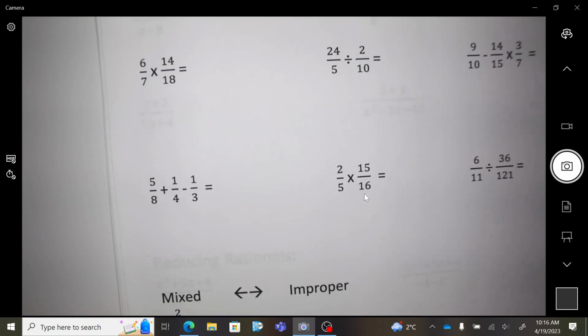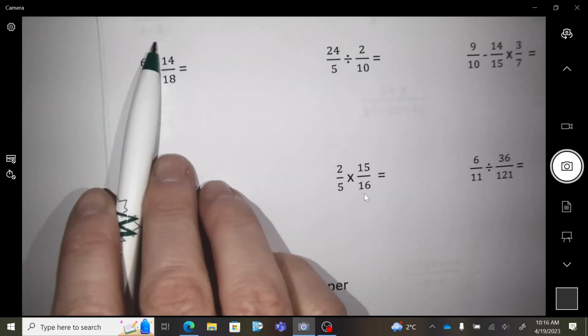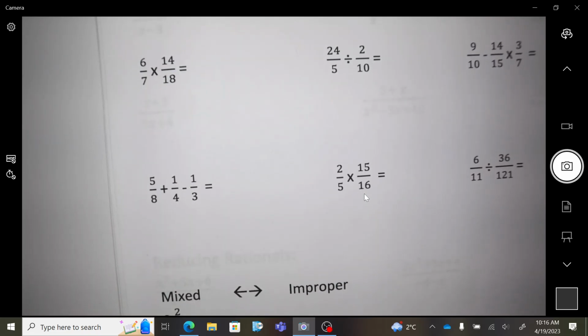I could divide them both by 2, that is true, but there's more. What's a bigger number I could divide both the top and bottom at least by? 3, I could do that as well. That's still, I could do more. 4. I don't really want to divide 6 by 4 or 14 by 4.